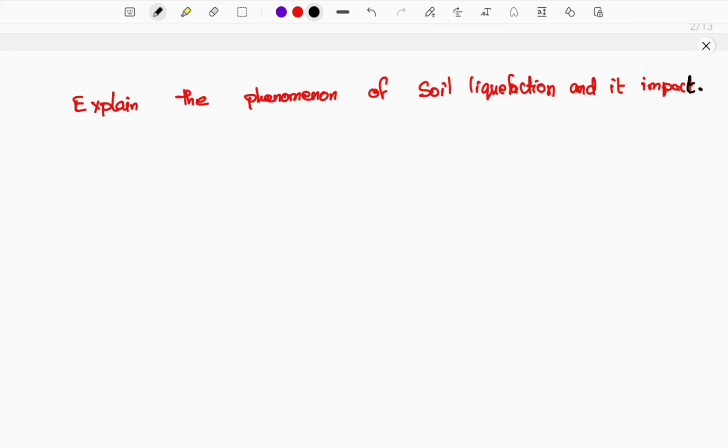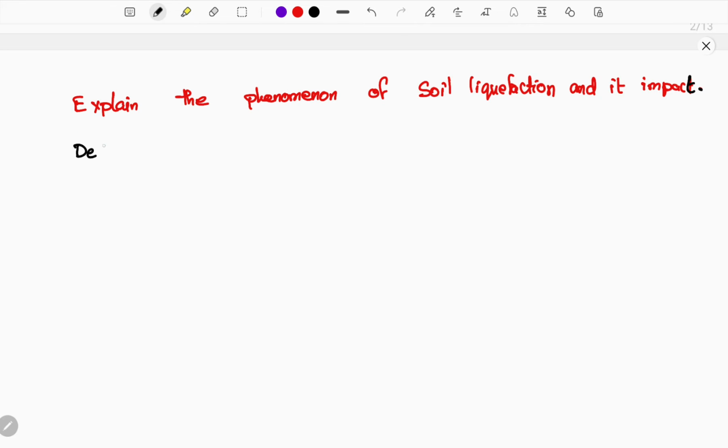So now here we need to know the exact definition. You need to explain the phenomenon, how it is happening, then provide how it impacts, what all the side effects of this so-called liquefaction are, and how you can conclude that. So everything you need to explain in detail. Okay, the most important thing in physics is definition.